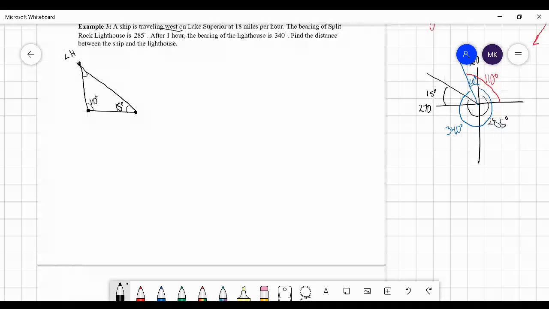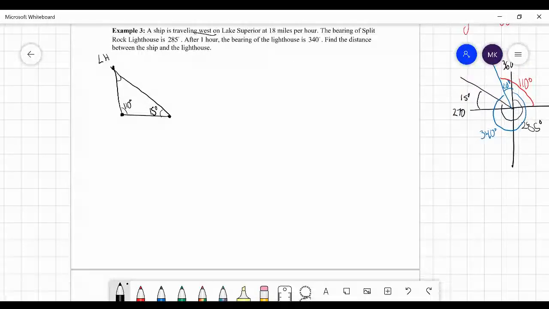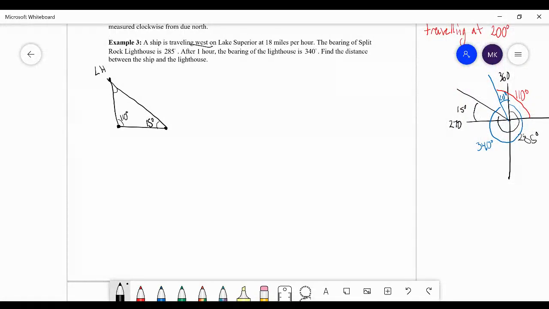Okay. So what we're doing is we're kind of using some of these angles we know to figure these out. It's similar to the idea of a reference angle. And so that's kind of what we're dealing with here. But then very simply, we can figure out this remaining angle by doing 180 minus 110 minus 15.